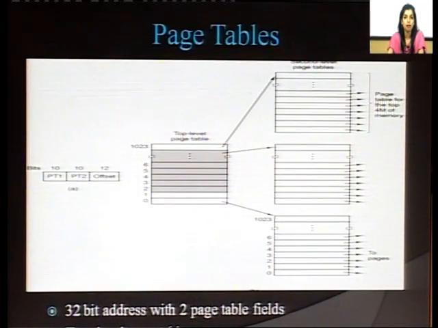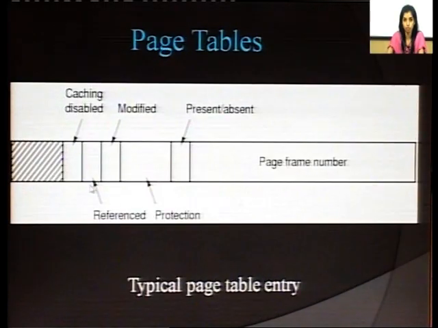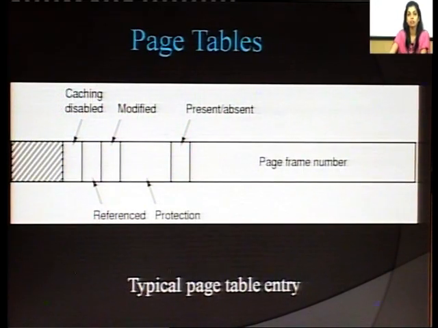In this way, a page table works in a number of parts: offset, PT2, PT1, page table 1 and page table 2. So, the page table can be modified and should have the reference number, caching disable, and present and absent bits.